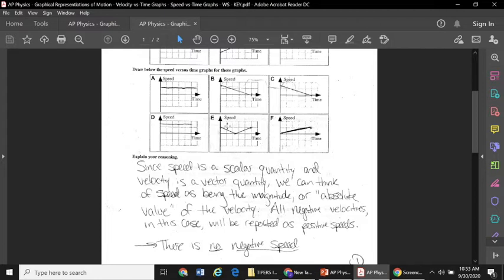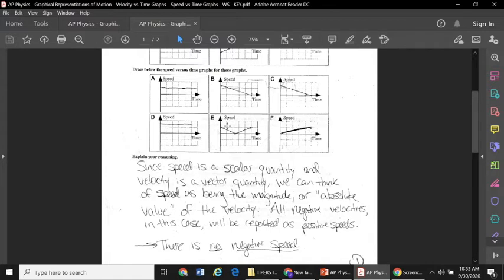All negative velocities in this case should be reported as positive speeds. That's the idea. Notice that second little note I wrote there at the bottom, there is no negative speed. Speed, because it's a scalar, can't show direction. And so it can't be negative, it can only be positive.